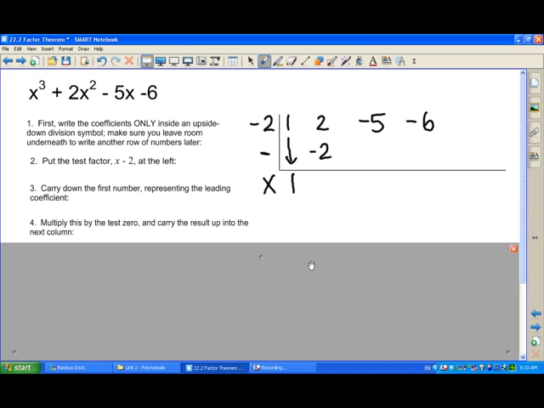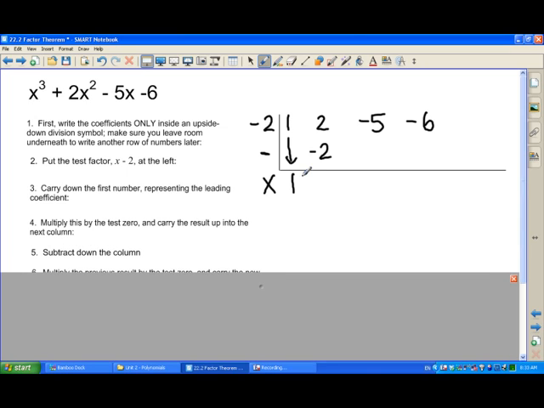And I take that number and I write it underneath in the next row of my table. And then I subtract. 2 take away negative 2 becomes positive 4. And I multiply that number by negative 2. 4 times negative 2 is negative 8.